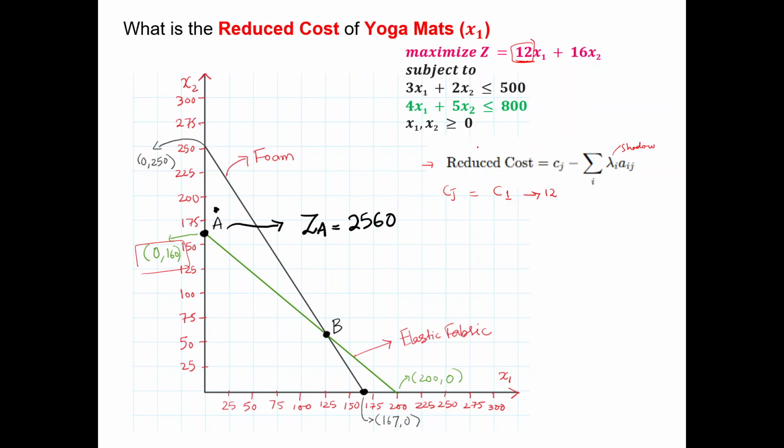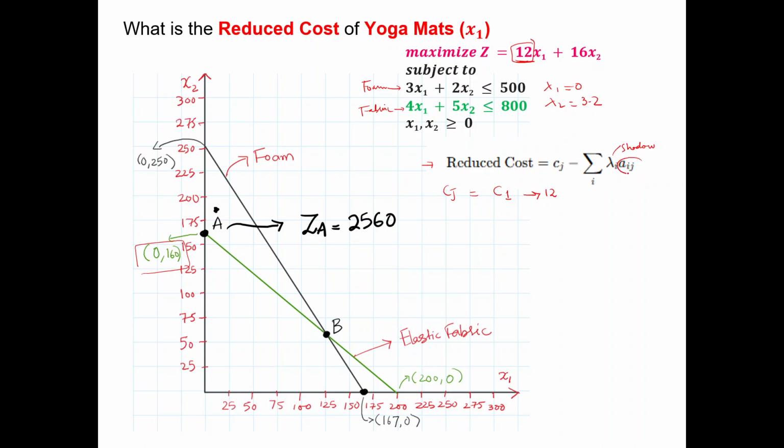The foam constraint had a shadow price of lambda 1 equal to 0, whereas the fabric had a shadow price of 3.2. We calculated these in a previous video.